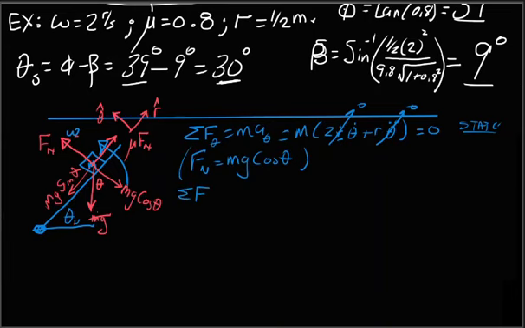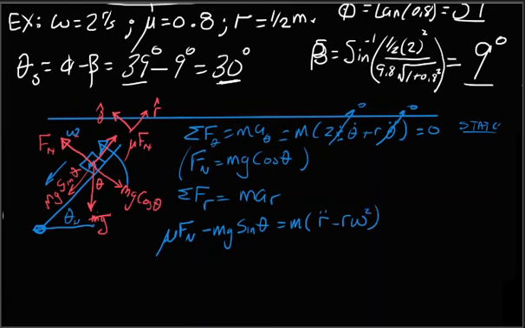In the other direction, now in this case the box is trying to slide down the hill, right? So we have mu Fn minus mg sine theta is equal to m times r double dot minus r omega squared. It's not moving yet. R double dot is 0.